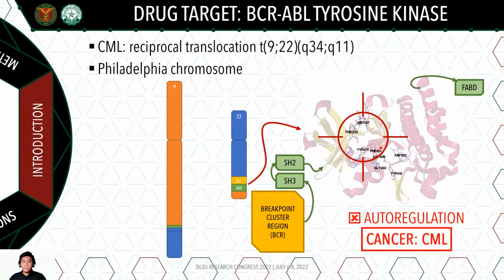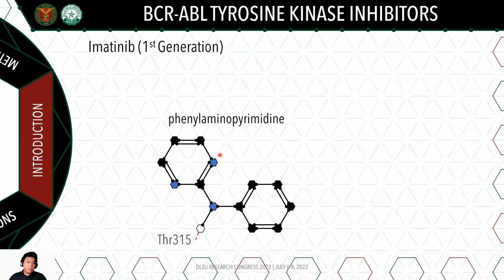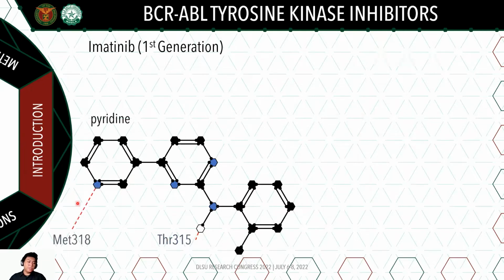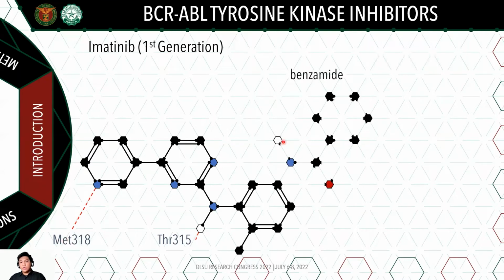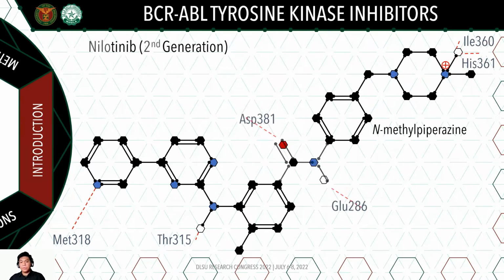Now, the first generation drug or inhibitor for this drug target is imatinib. Imatinib has a phenylamino-pyrimidine ring that forms a hydrogen bond with T315, and has a methyl group. It has a pyridine that forms a hydrogen bond with M318, an amide that forms H bonds with E286 and E381, and an N-methylpiperazine that is protonated at physiological pH that forms H bonds with isoleucine 360 and H261.